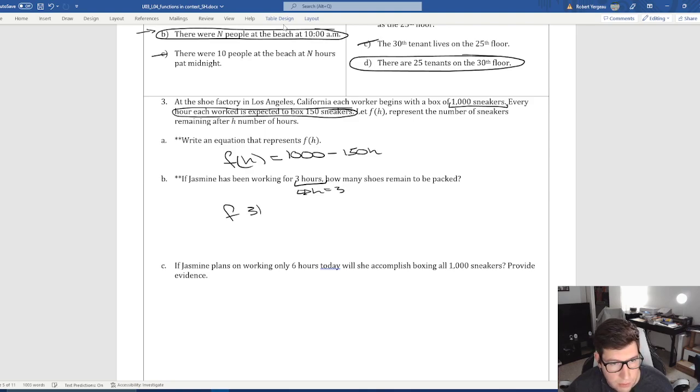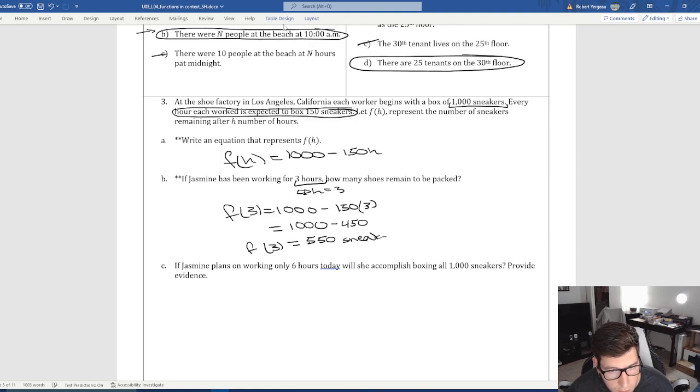F of 3 is going to be 1,000 minus 150 times 3, which is 1,000 minus 450. And so f of 3 is going to be 550 sneakers. We want to make sure we're putting our units. When we're given context, use and give context back.